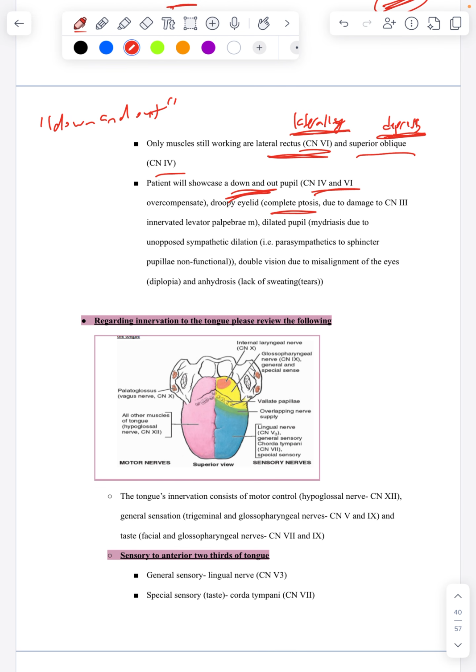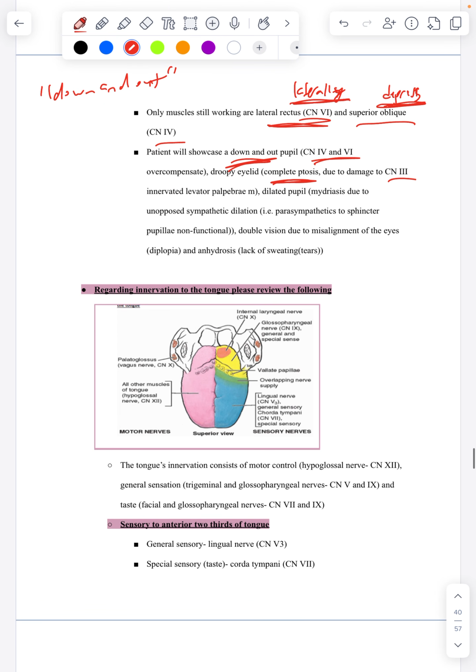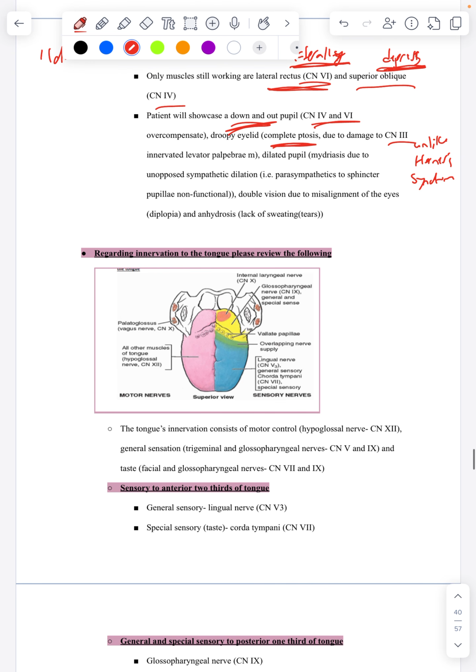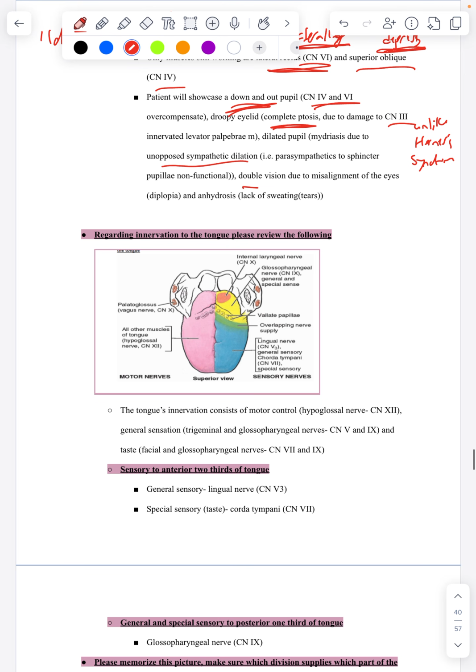You get the complete ptosis because this is cranial nerve 3 damage, unlike Horner's syndrome. And then you get unopposed sympathetic because your parasympathetics are damaged. So only sympathetics are working now. You get double vision. Obviously, if you have one eye that's down and out and the other is normal, your eyes aren't looking at the same thing.